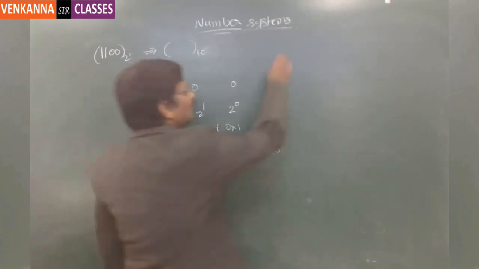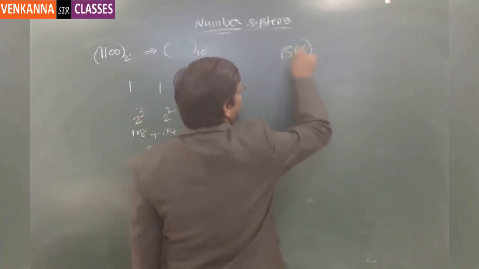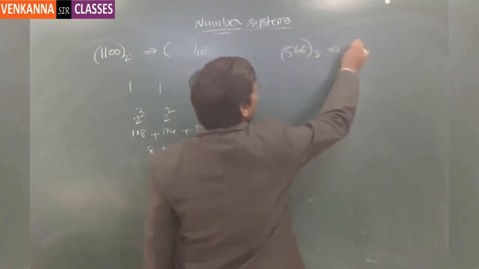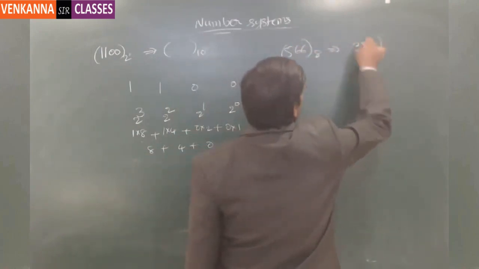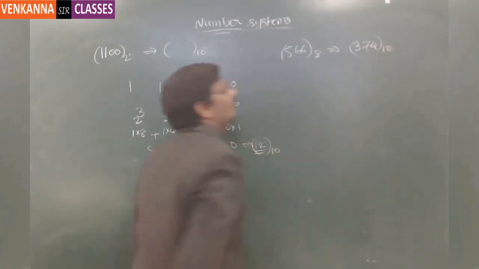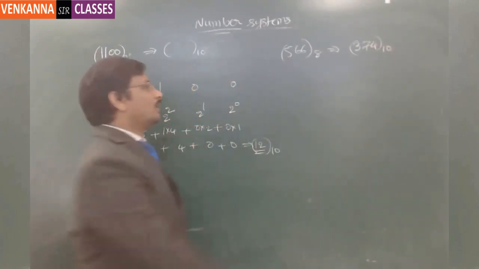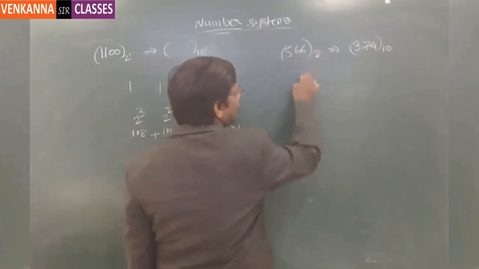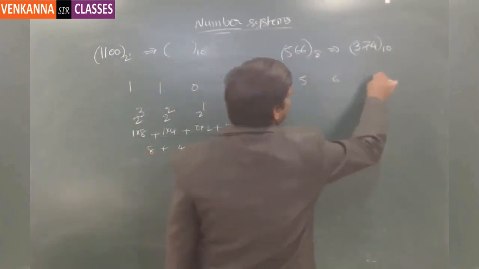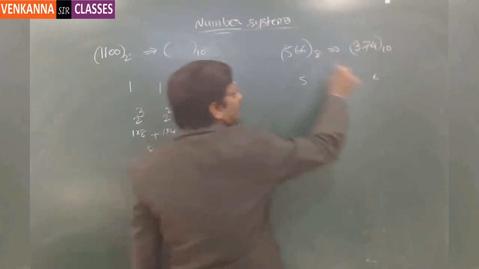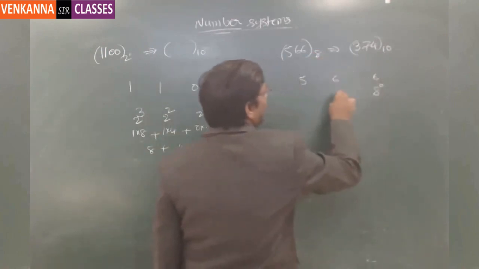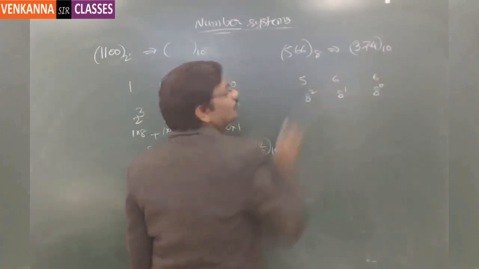Suppose I give 566 base 8. Now this should be 374 base 10, because we have proved that 374 base 10 is equal to 566. Now here we can do that. First you separate these 3 digits, 5, 6 and 6, and then start with 8 power 0, 8 power 1 and 8 power 2.